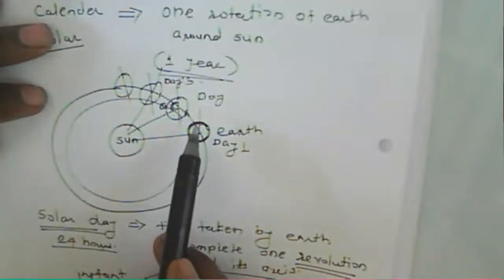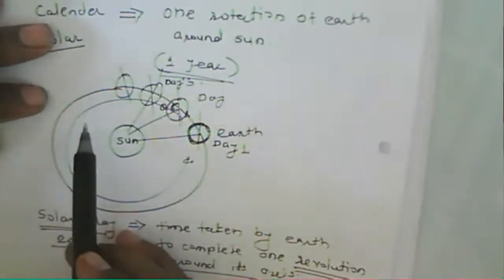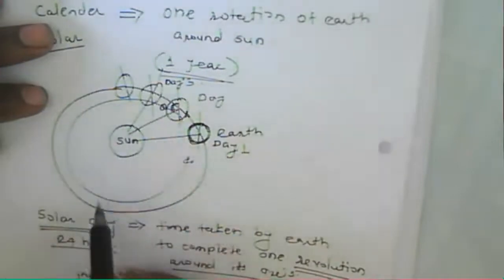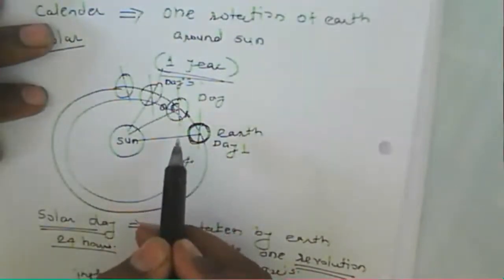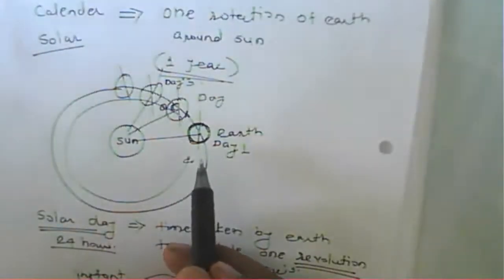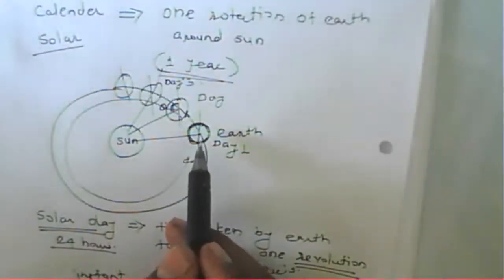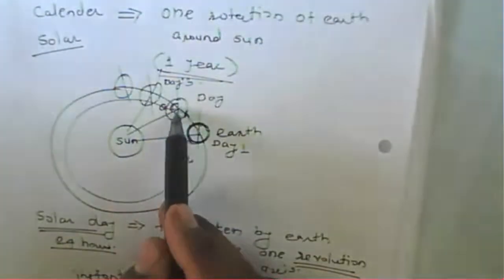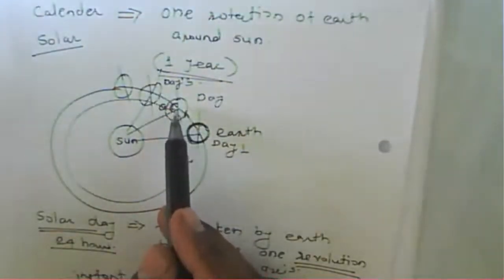Means Earth is rotating around the Sun. It takes 360 degrees around the Sun. But Earth is rotating around the Sun progressively, and it changes its orbit, or changes its position.